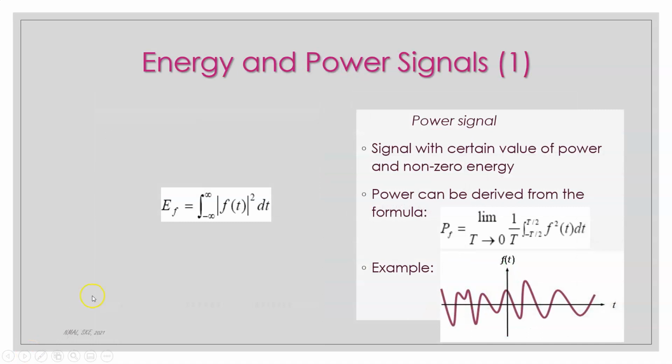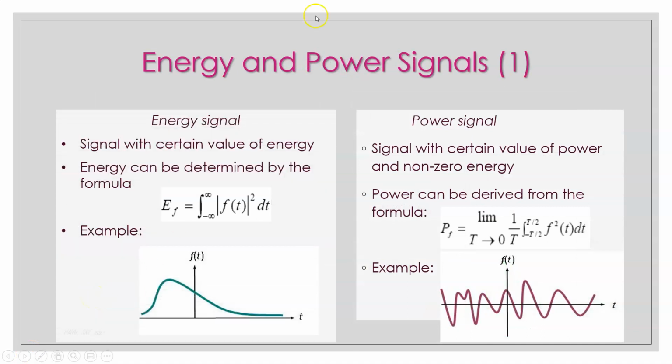The next one, we look at the energy and also power signals. When we say energy signals, these signals have a certain value of energy. When you see the graph of a signal, for example, that signal is always flat, and somehow it peaks at a certain time here, and it peaks at a certain time here.